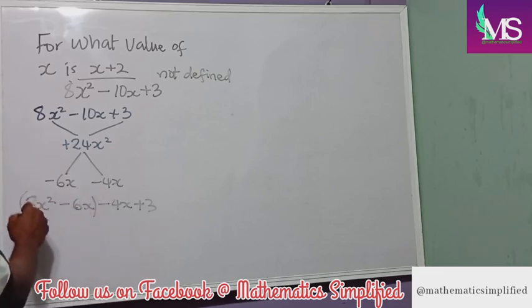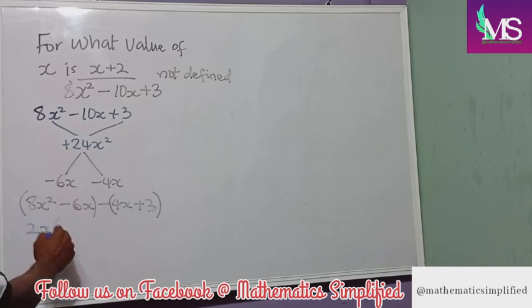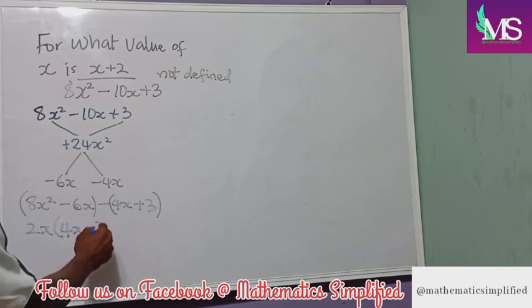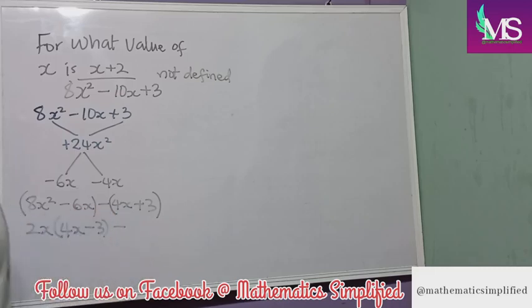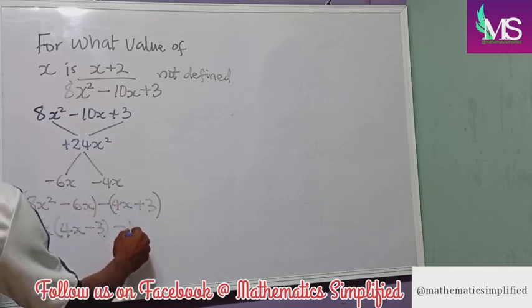Grouping these two together, what's common here will be 2x. This will become 4x − 3, minus, what's common here is 1.